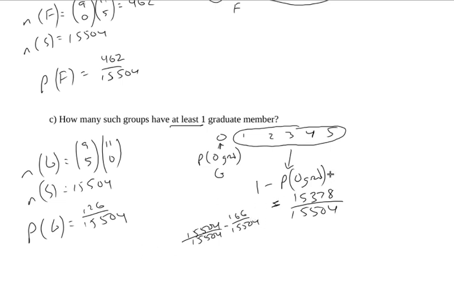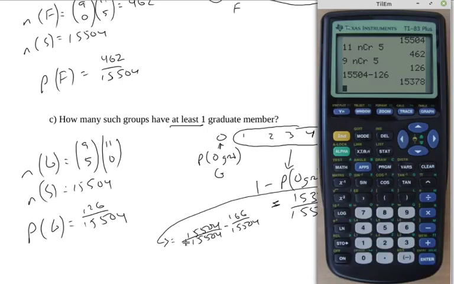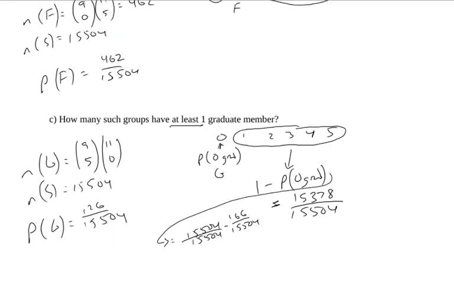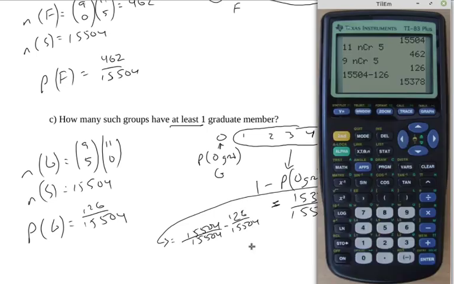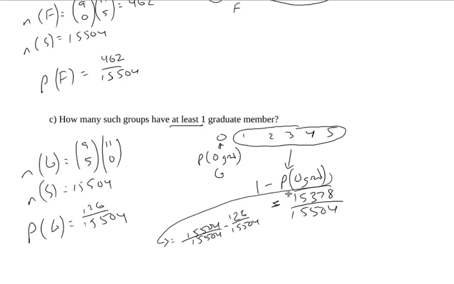That's how I did that subtraction. Yeah, so that would be the probability of getting at least 1 graduate student in this committee.